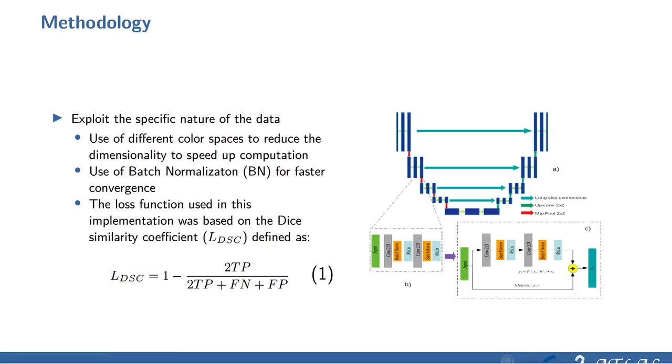The modification was the use of residual blocks, which have already shown to be very good for other image tasks and effective in other architectures such as ResNet. Furthermore, we changed the loss function used to train the network. In this case, we use the dice coefficient defined in equation 1.